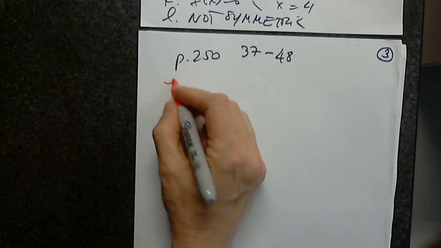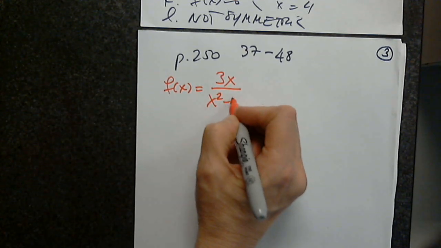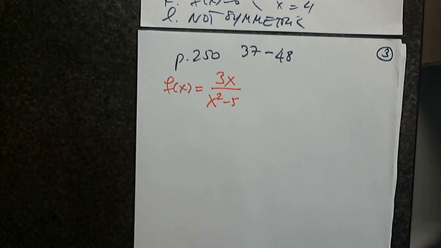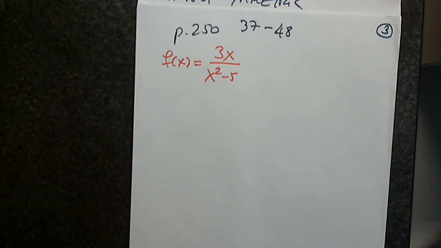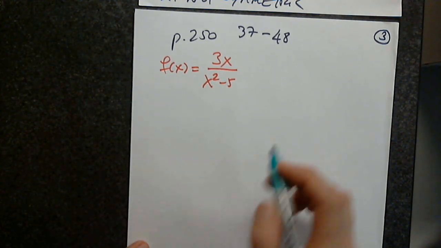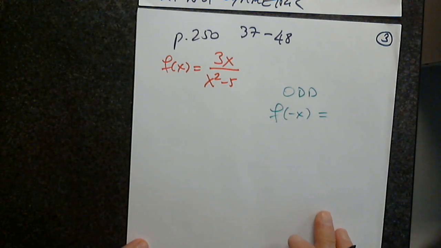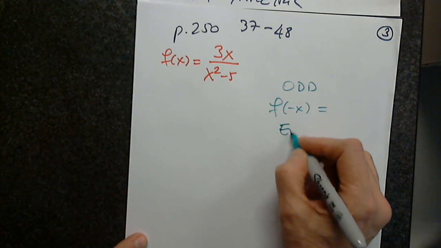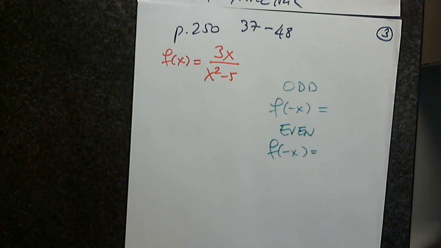So here it is. We have f of x, which is 3x divided by x squared minus 5. Perfect fit. Okay, let me refresh our memory first of what we're trying to do and what the options are. If you remember from last time, we came up with two relationships. A function is odd if f of -x equals, and you'll tell me what it is, and a function is even if f of -x equals something else.